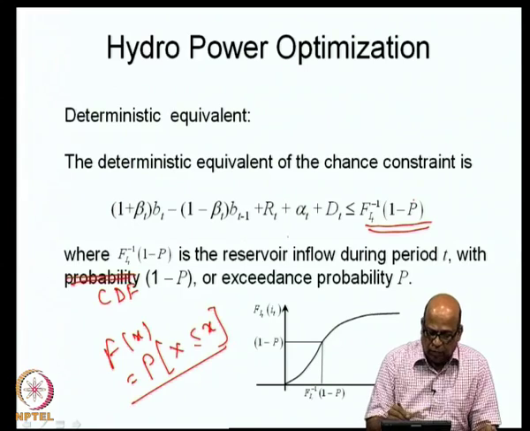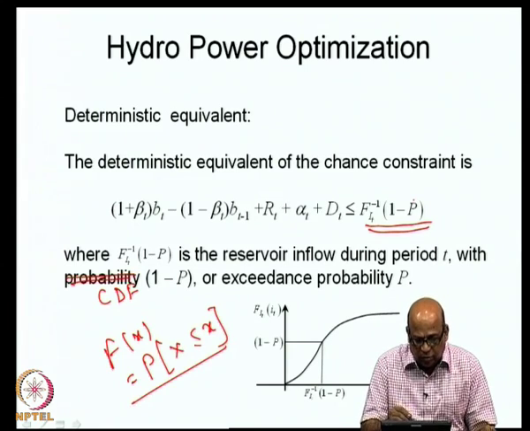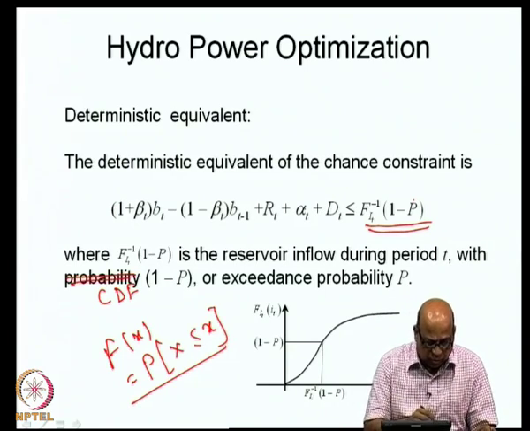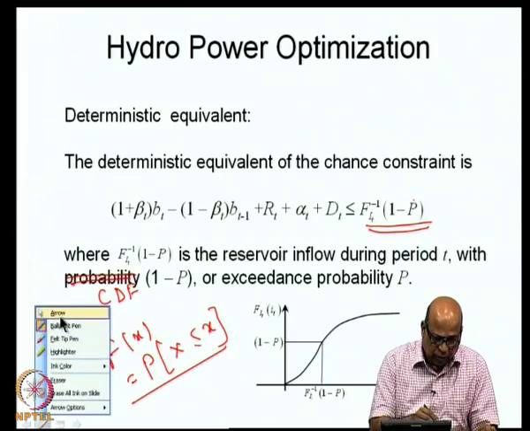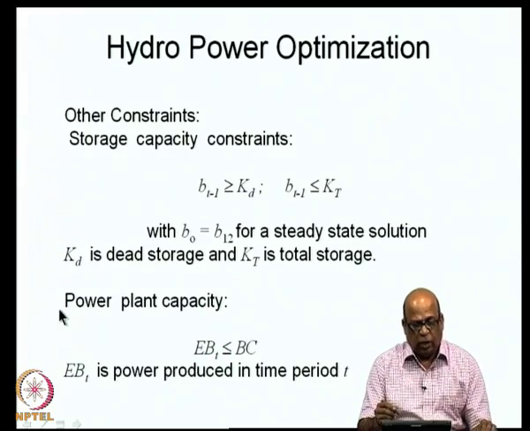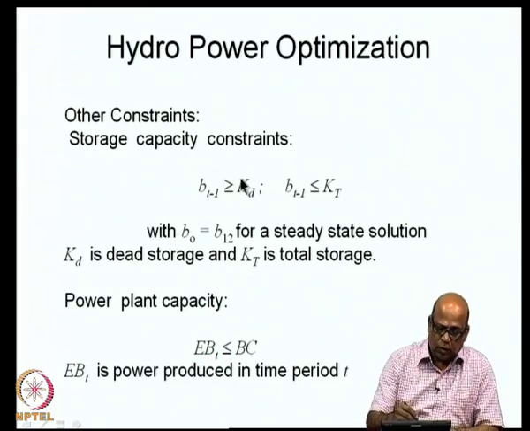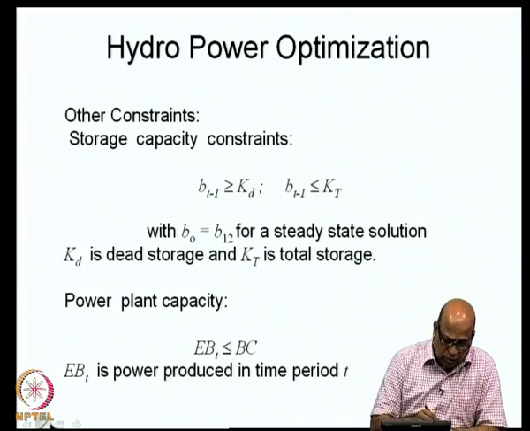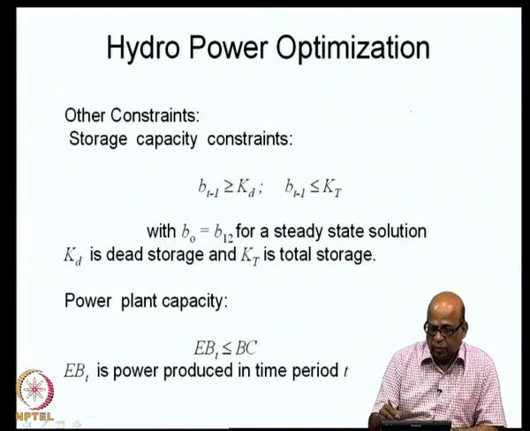Now, all of this left hand side are deterministic, some of them are decision variables, some of them are constants, known constants, and so on. Then we put other constraints. One is the storage constraint itself.